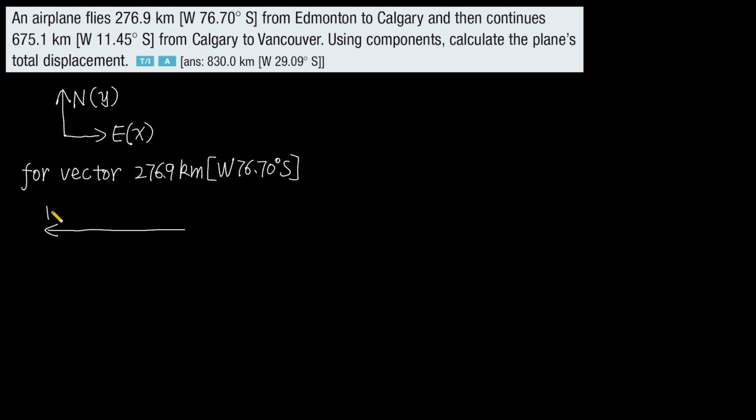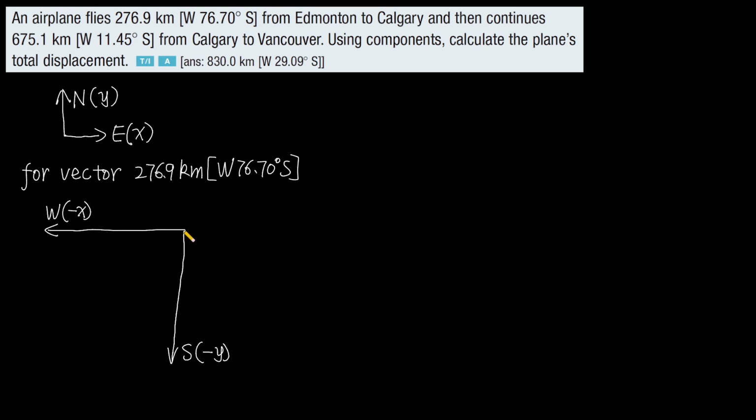This is west, also the negative x direction, and this is south, also the negative y direction. The direction of the vector is west, 76.7 degrees toward south.